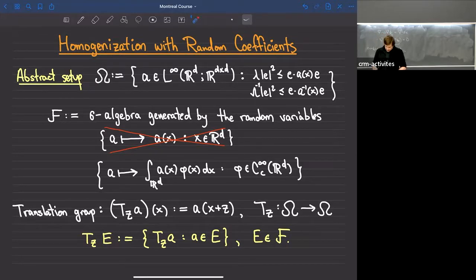What I would like to write down is just this: A maps to A of x for a fixed x. That is a random variable, at least if you look at each entry separately. But I can't really do that, my lawyer says, because these are L infinity functions and they don't take values at a point, so I have to define my sigma algebra like this. Whatever, it's the sigma algebra that makes everything I'm going to do measurable, so we never have to discuss this again.